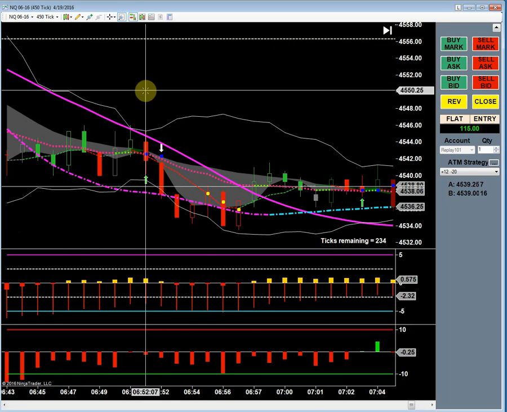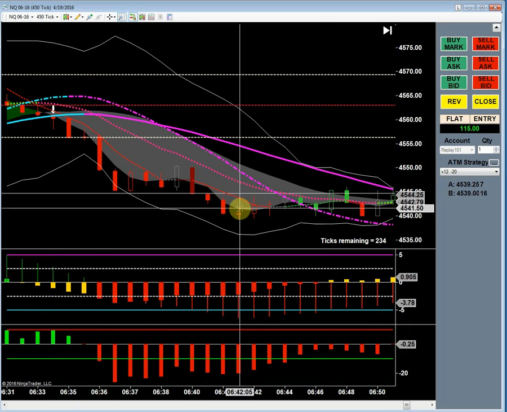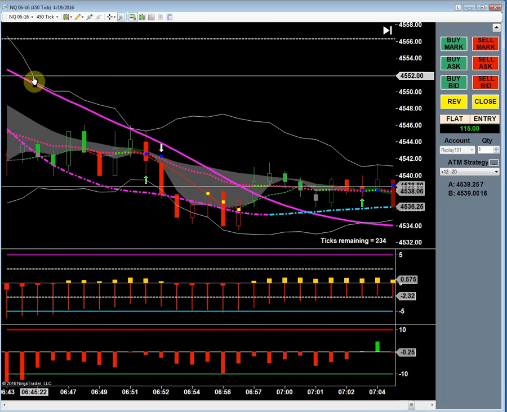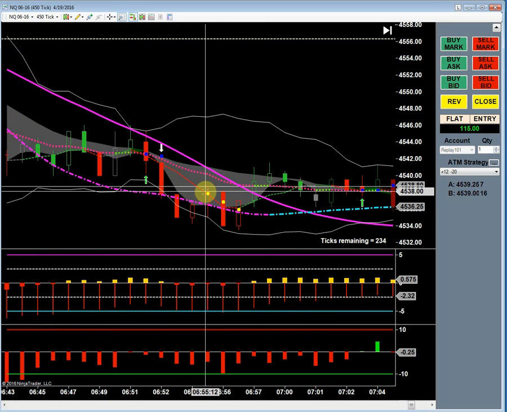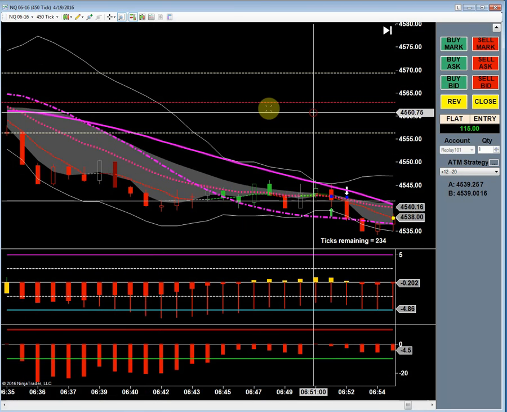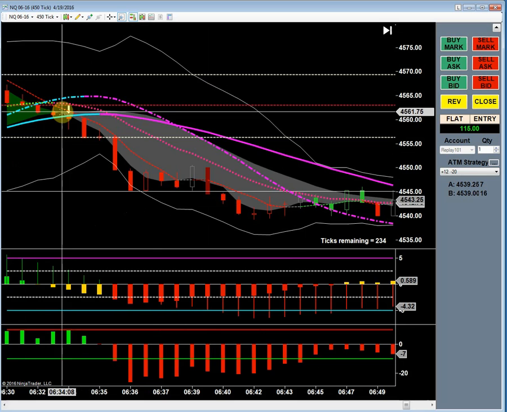In the previous one, well, actually, this one had already got smoked on the downside. So this was a second level trade. So there's second level trades and there's first level trades. A first level trade would have occurred if this happened after the market opened, right?